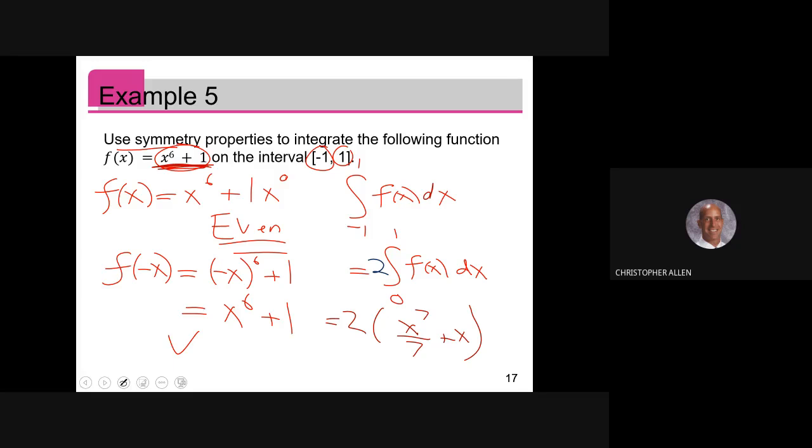And then I just need to evaluate that from 0 to 1. I hope you realize that evaluating this expression at 0 is 0. That's what makes this one easier. Now I just have to plug in 1. So this is going to be 2 times 1 over 7 plus 1. And what's 1 plus 1 7th? I think that's 8 sevenths. And then take that times 2. That'd be 16 over 7. And that's your answer.